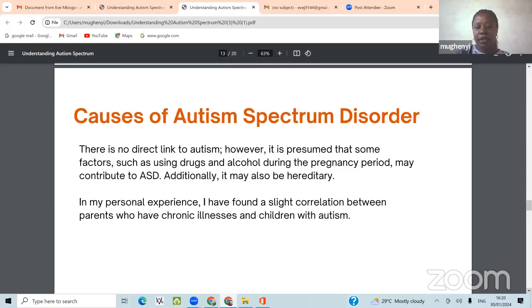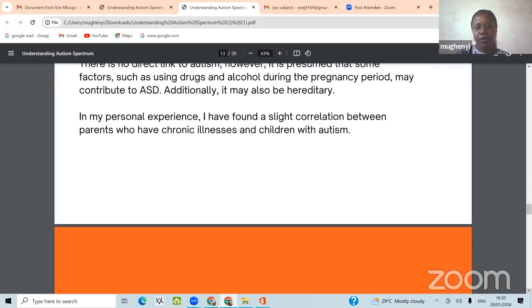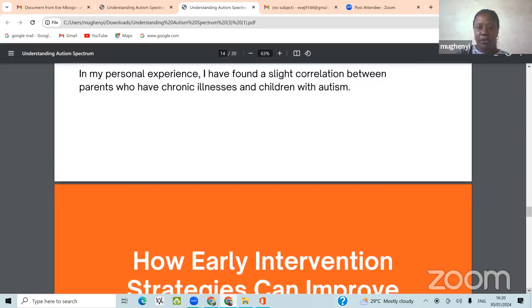Additionally, it may also be hereditary, because of genes, and some can inherit it from parents or grandparents or other relatives. In my personal experience, I found a slight correlation between parents who have chronic illness and children with autism.